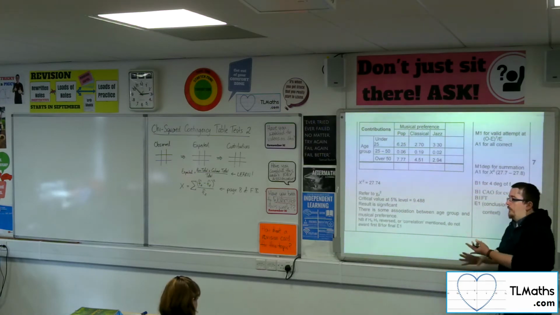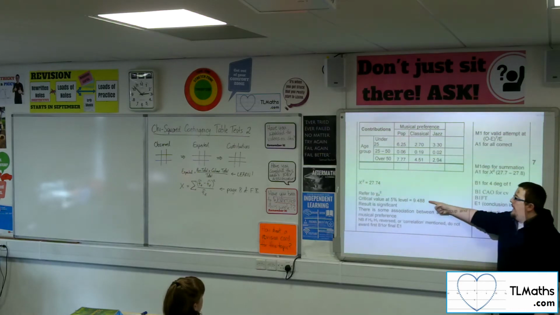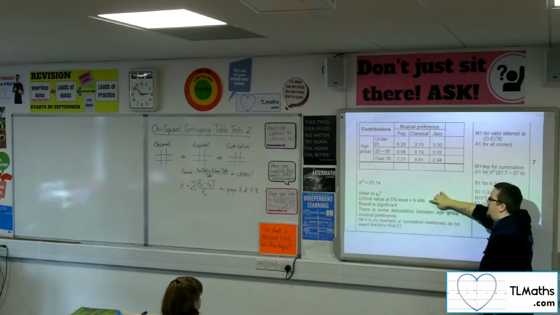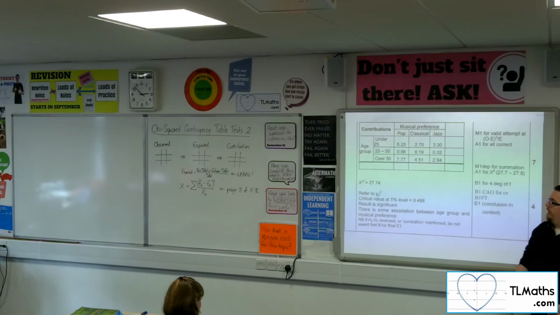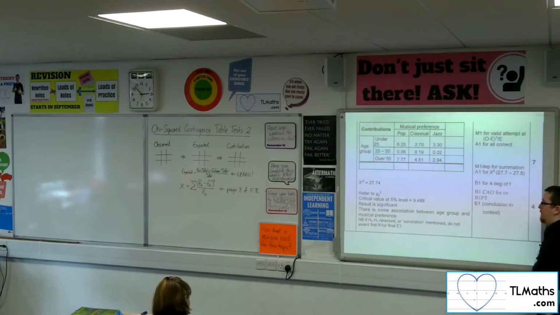You go to the tables, 5%, look down till you get to nu is 4, and then you get the critical value of 9.488. Because your value is greater than that value, your value is in the critical region, and so you can reject the null hypothesis. There is evidence to suggest that there is some association between age group and musical preference.